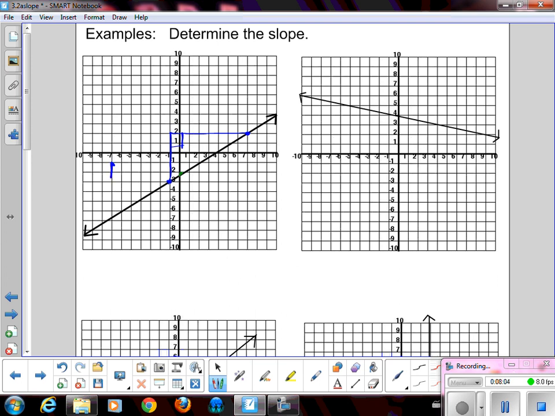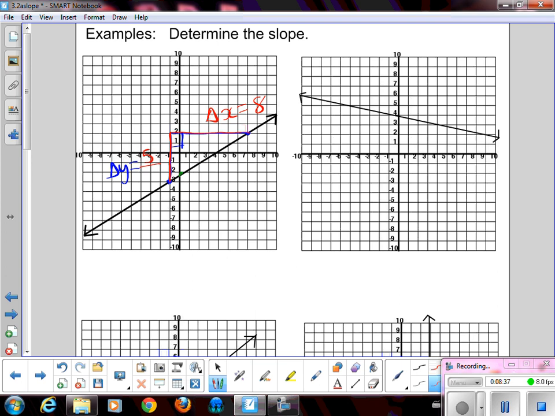So the change in y here is 1, 2, 3, 4, 5. And my change in x is 1, 2, 3, 4, 5, 6, 7, 8. So my delta x is 8.